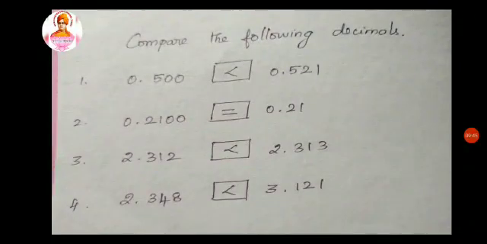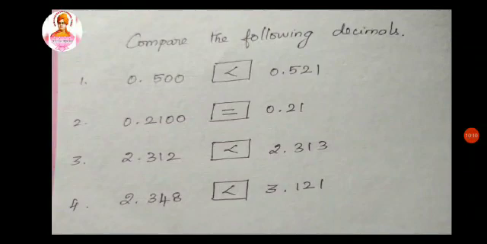So I already told you should start your comparison from the left side, that is from the whole number. So here I am checking the whole number first. The first number I have a whole number 2 and the second number also I have whole number 2. So they are equal. Then I move to the decimal part. In the decimal part, I should start my comparison from the left side.